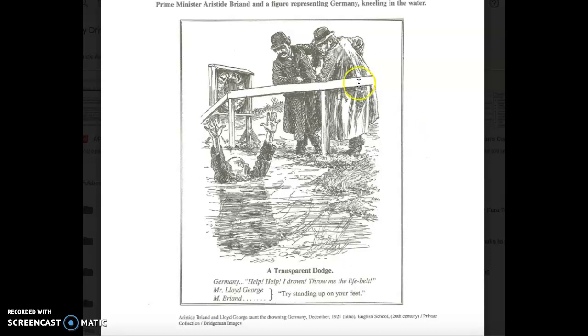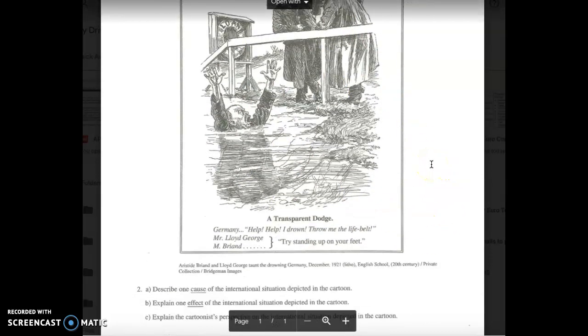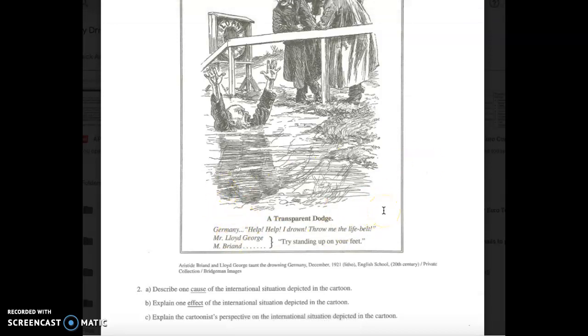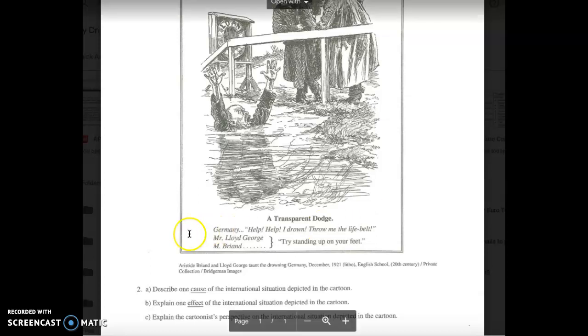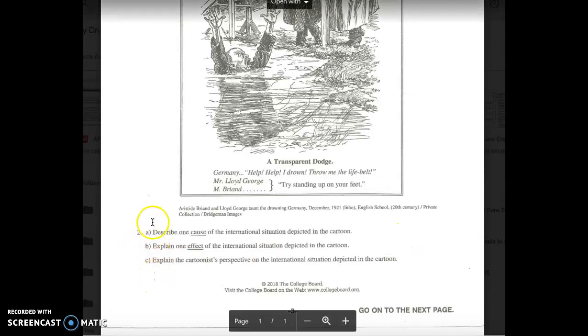So you're kind of looking at this political cartoon. I would again read any information that's being provided to you. This says a transparent dodge. Germany is saying, help, help, I drown, throw me the life belt. And then together, Mr. Lloyd George and Briand are saying, try standing up on your feet. So if you look here at the very bottom, you will see the actual prompt itself.